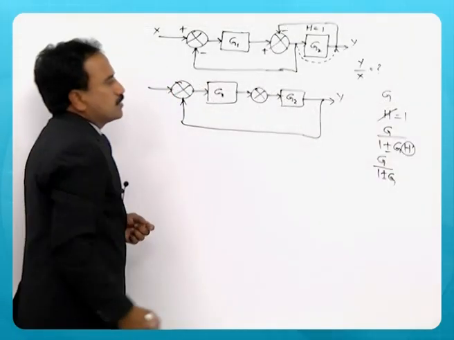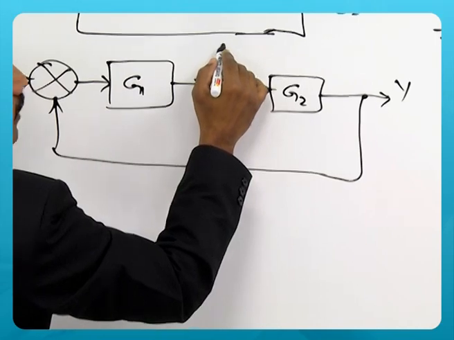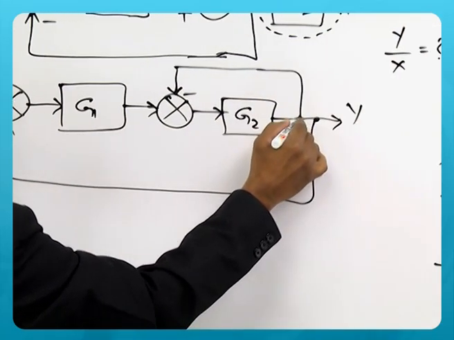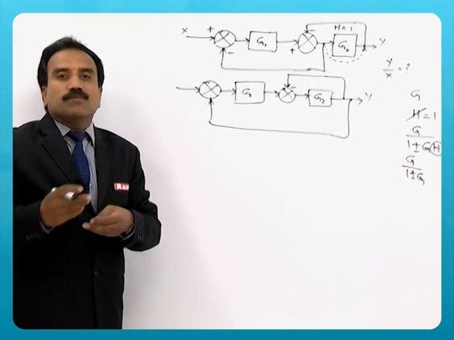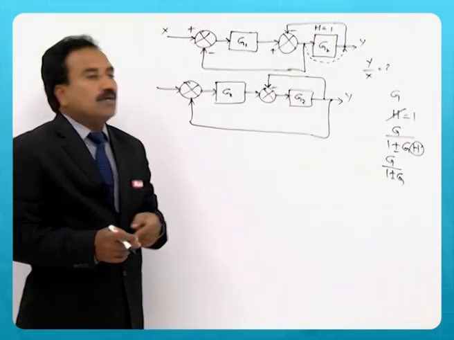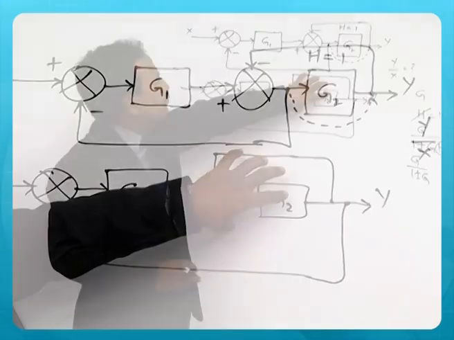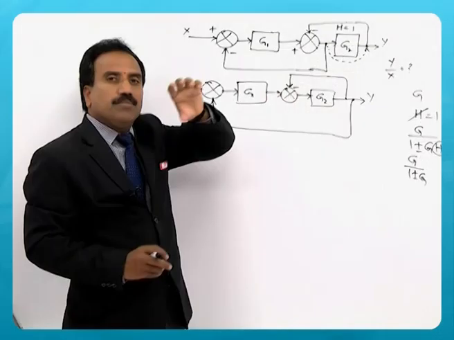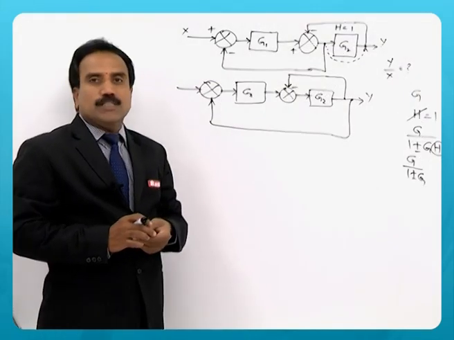It becomes like this, and there is a unity feedback anyway with a negative sign here. So now you can see that the diagram has become simple because of shifting this takeoff point to after a block. Now I can happily eliminate this feedback loop whose components are G2, the unity feedback and this summing point.